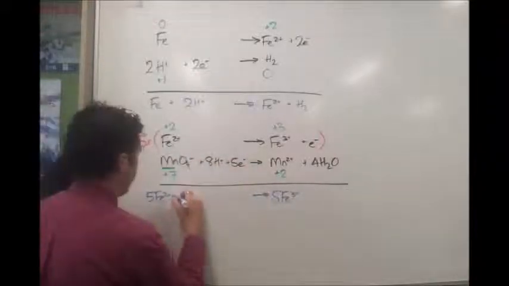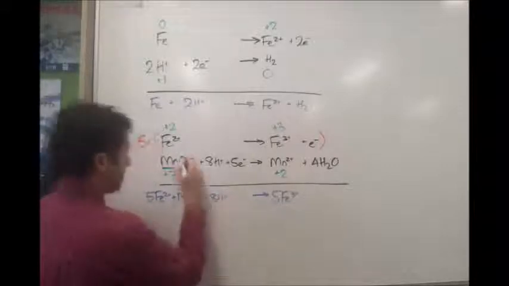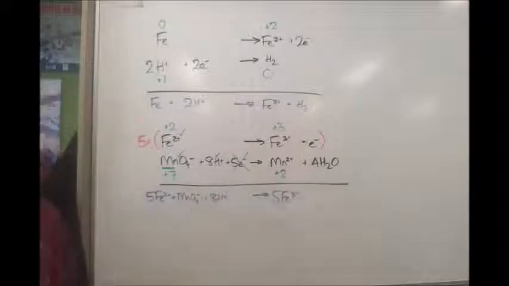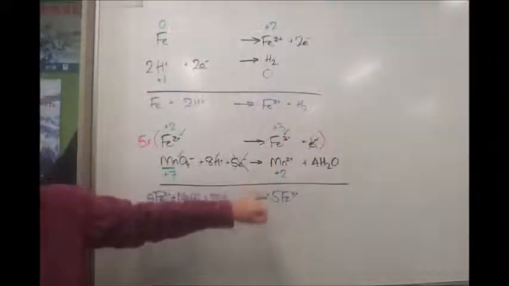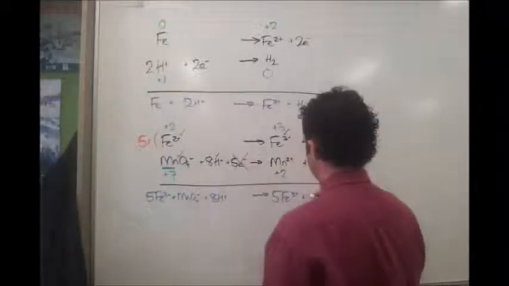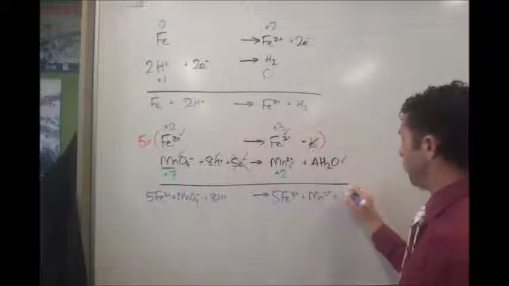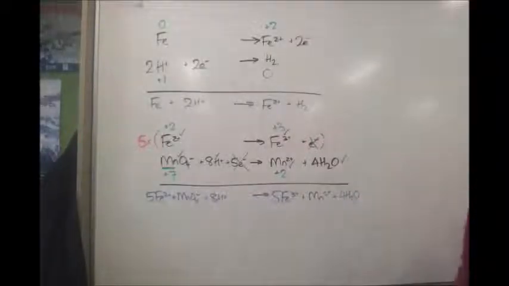So I put my plus MnO4- plus 8H+. So I've got all of those in. That's crossed out, so that's good. That's crossed out as well. Okay, and then my plus Mn2+ plus 4H2O.